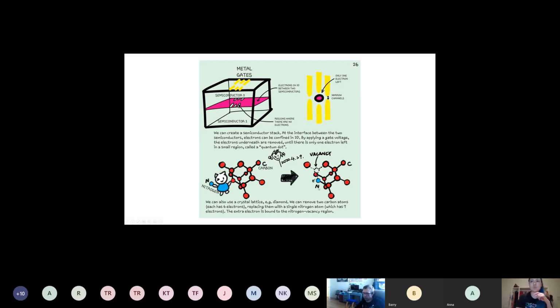Because nitrogen has 1 more electron than carbon has, you can have this electron trapped here in this nitrogen vacancy region. And you can then apply light or microwave to manipulate the electron there.